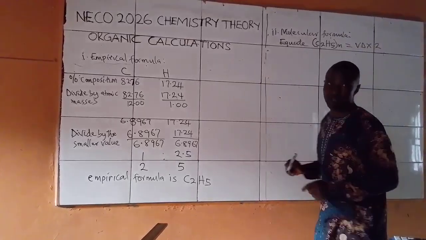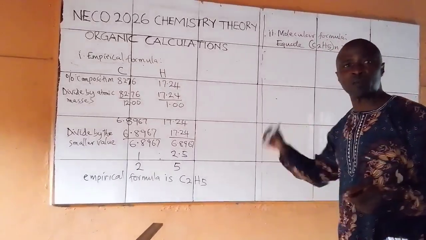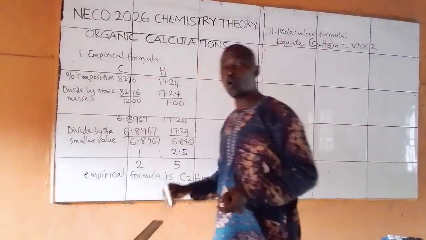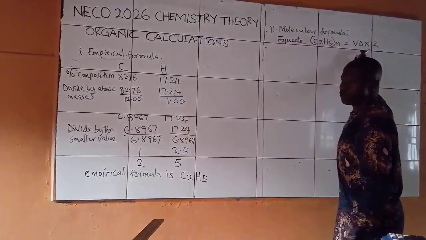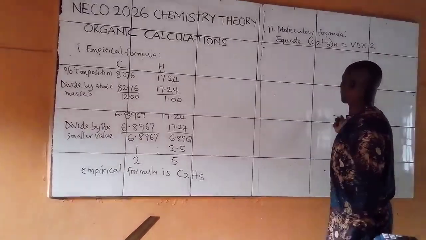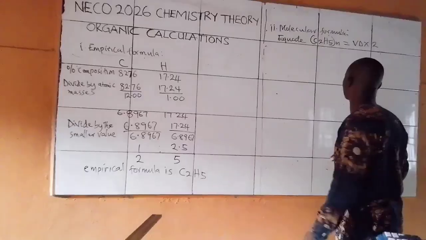VD means vapor density. Now we cannot use the value for vapor density directly. We have to convert vapor density to molecular mass. That is why we have VD multiplied by 2, because vapor density times 2 is equal to molecular mass.